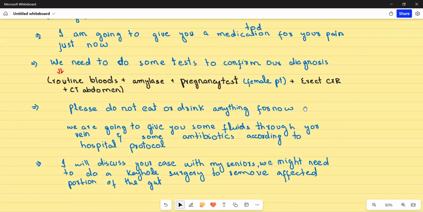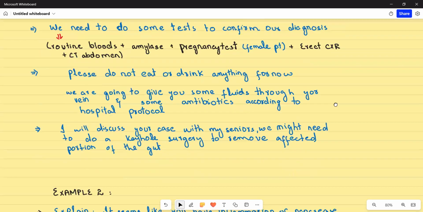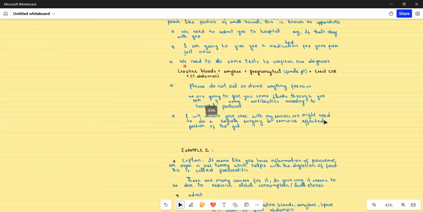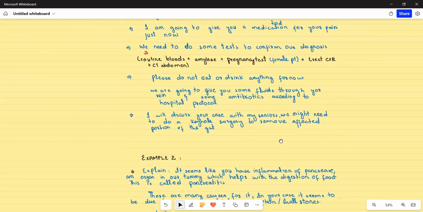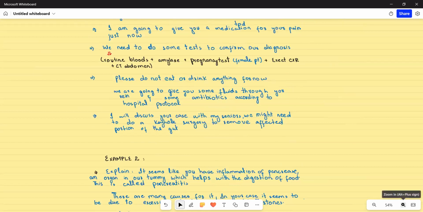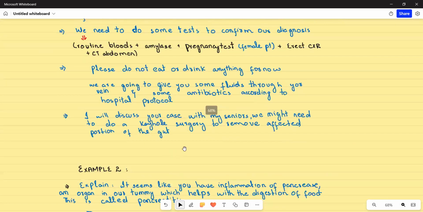So we'll tell the patient, please do not drink or eat anything for now. And we are going to give you some fluid through your veins, some antibiotics according to the hospital protocol. And I'm going to discuss your case with my seniors. We might need to remove the affected portion of your bowel by keyhole surgery. So keyhole surgery is basically laparoscopic surgery. So this was about management of appendicitis.